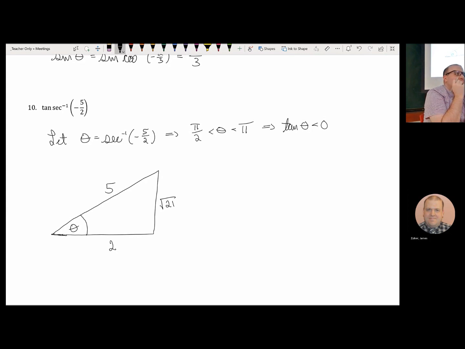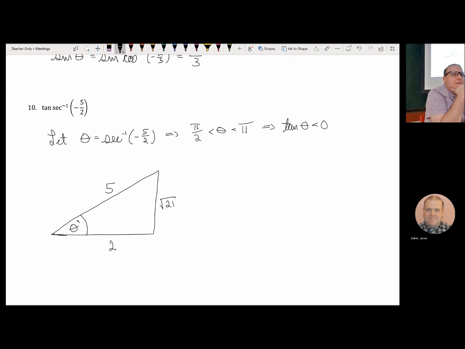I'm actually going to call this theta prime to represent a reference angle. So what would the tangent of theta prime be? One over two.